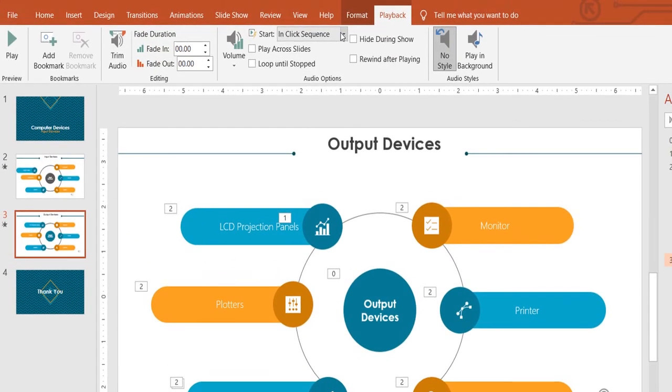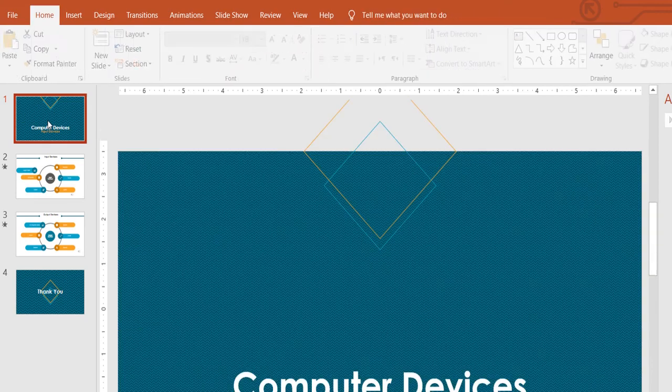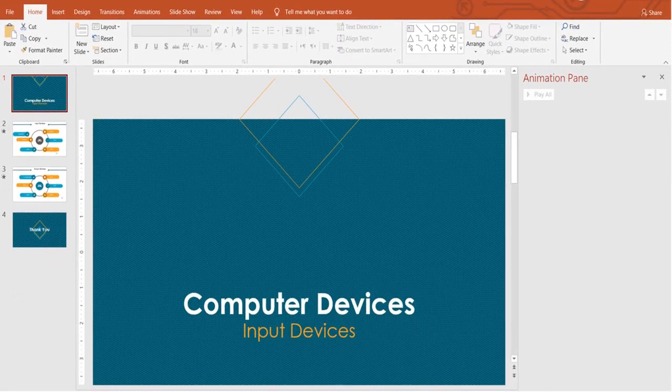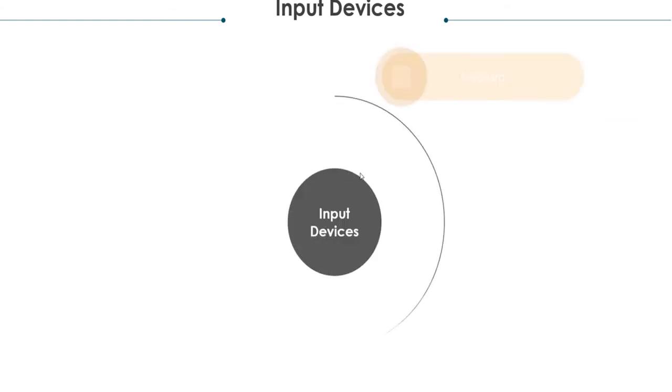Okay, now let me just move it to click sequence, hide during slideshow, and let's see what happens to our slides. First slide, and the music starts to play on the input devices.